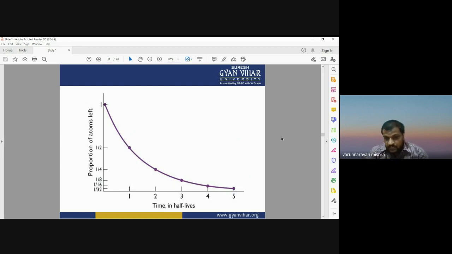The time it takes to convert into isotopes means the proportion of atoms will be less during the time intervals of 4 million years, 5 million years, 6 million years. The number of atoms in the nucleus will be less with time. This is the time on the million year scale: 1 million, 2 million, 3 million, 4 million, 5 million.